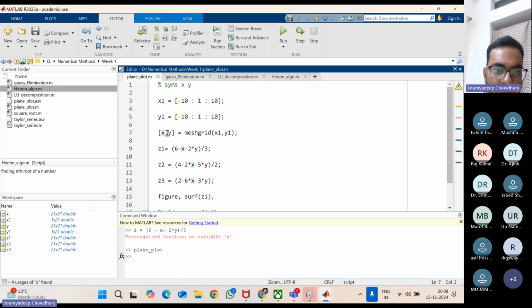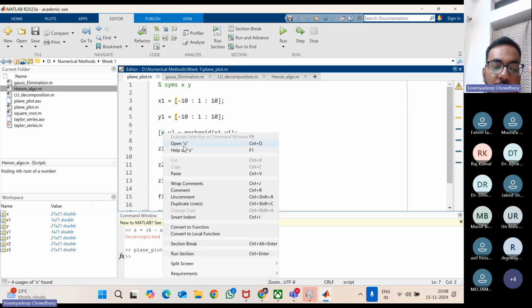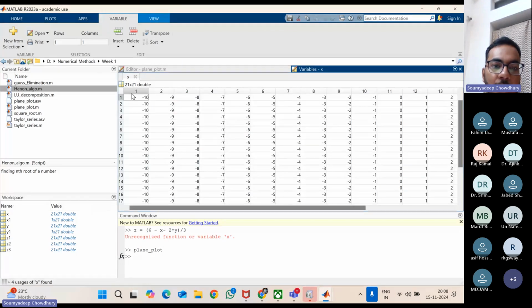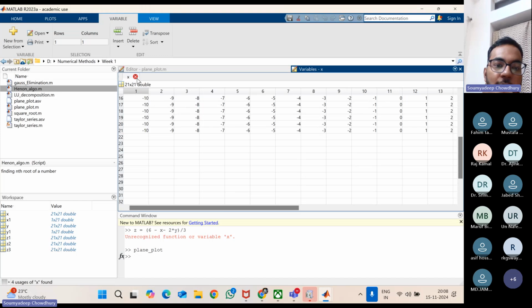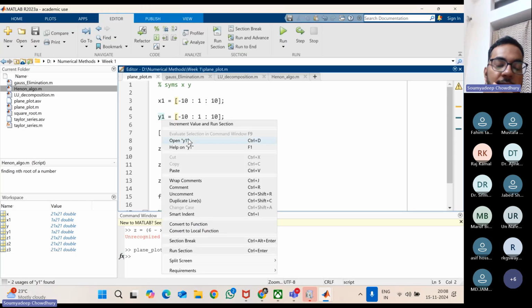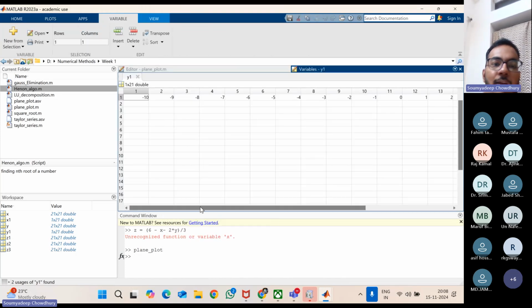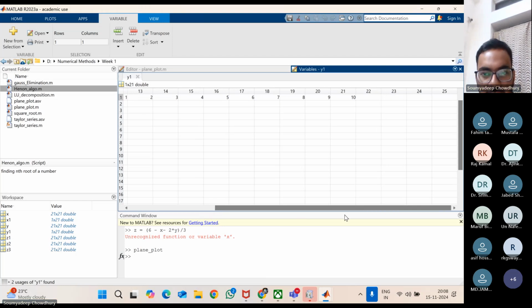So x gives you a matrix of size 21 by 21: minus 10 is the lowest limit in the first column, then minus 9 in the second, minus 8 in the third, minus 7, minus 6, like this it goes on till 10. You have 21 columns and similarly 21 rows. Y will be just the opposite.